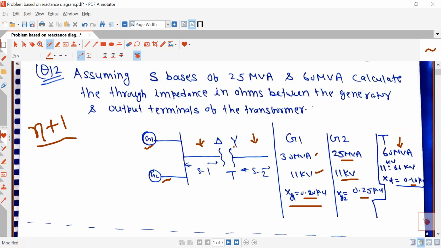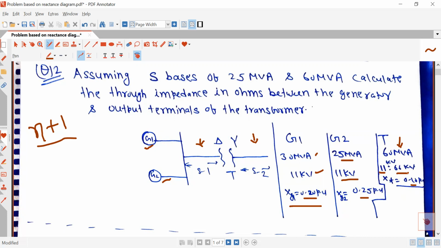And if you will consider transformer as a part of section 1, then its voltage base will be 11 kV. And if you will consider this transformer in section 2, then voltage base will be 66 kV. It is on you in which section you want to consider transformer, because transformer is common for section 1 and section 2. So this is the basic difference between block diagram and reactance diagram.